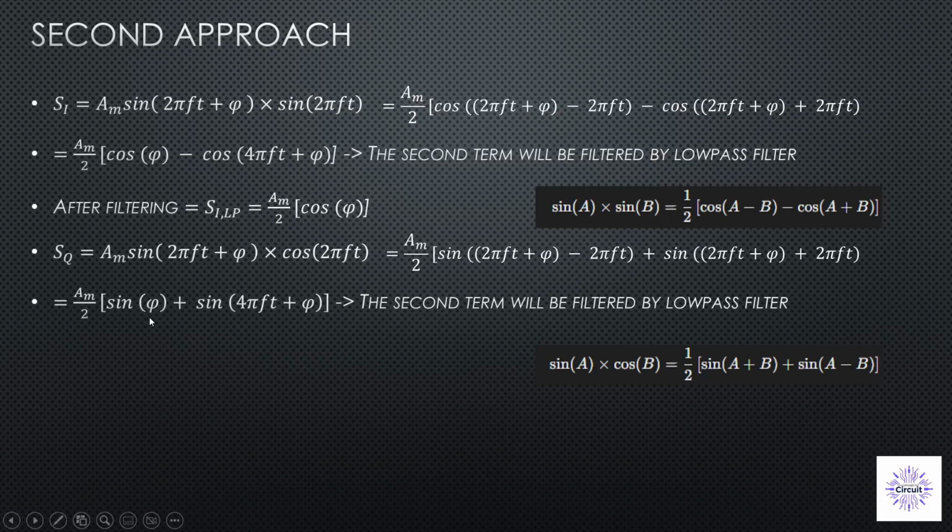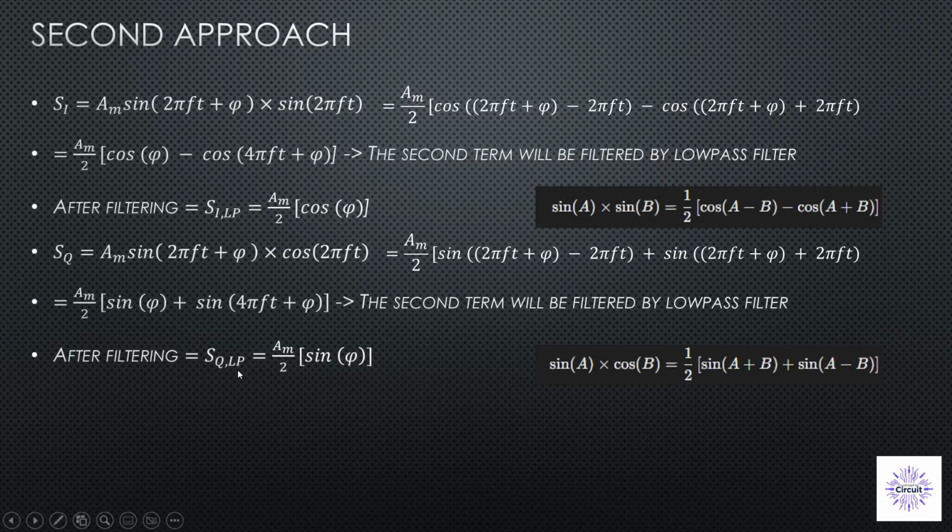AM sine phi plus sine 4 pi ft plus phi. The second term, again, if we apply a low pass filter to this signal, will be filtered out, and we will end up with AM over 2 sine phi.